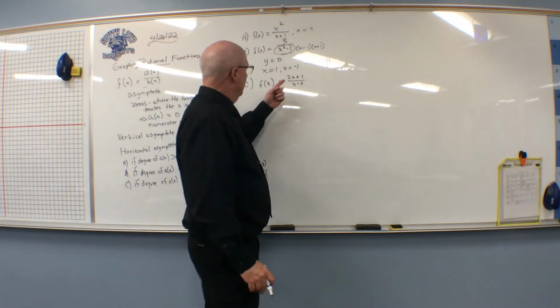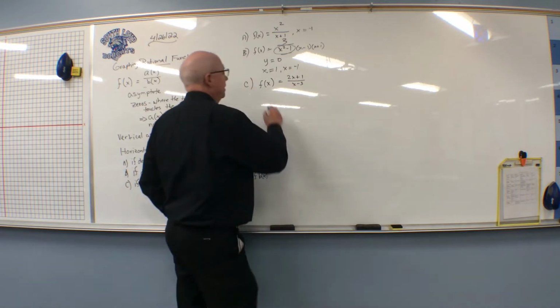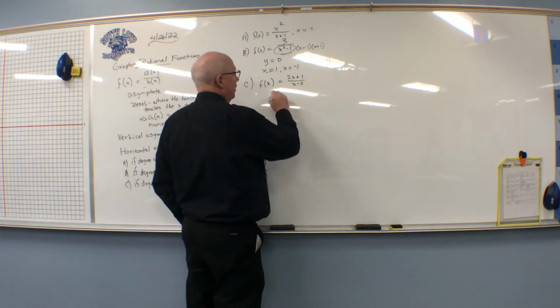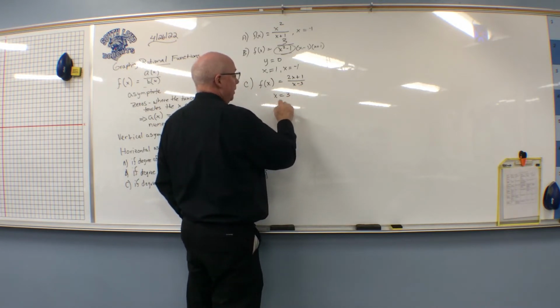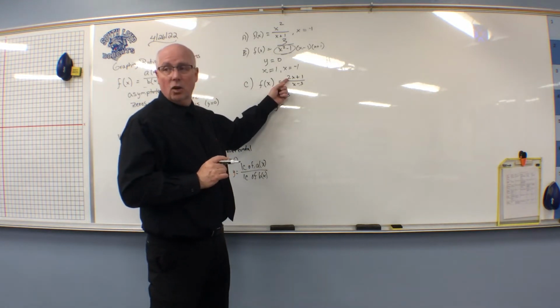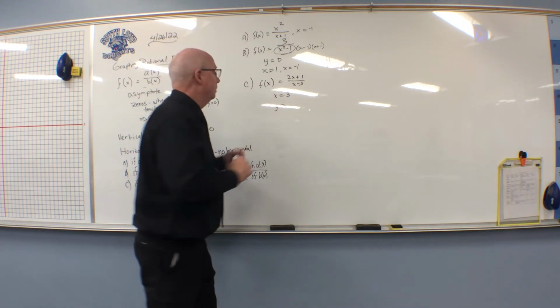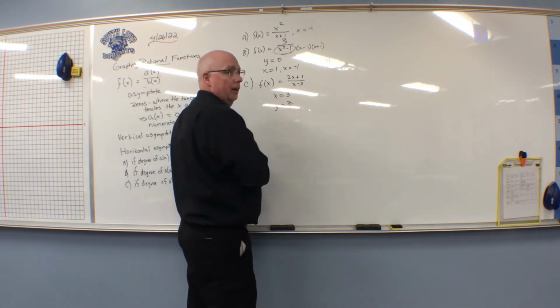The exponent of this one is 1 and this one is 1. So what happens is, watch this very quickly. First of all, we have a vertical asymptote at x equals 3 because of this, right? Then we have a horizontal asymptote at y equals, now watch, the leading coefficient, which is 2, over the leading coefficient here, which is 1.